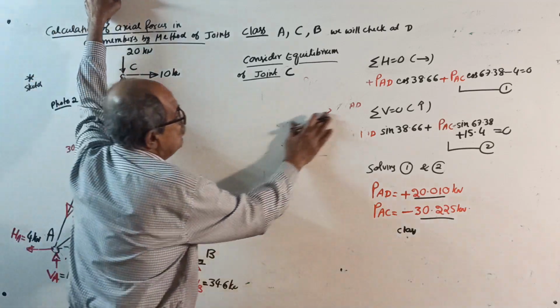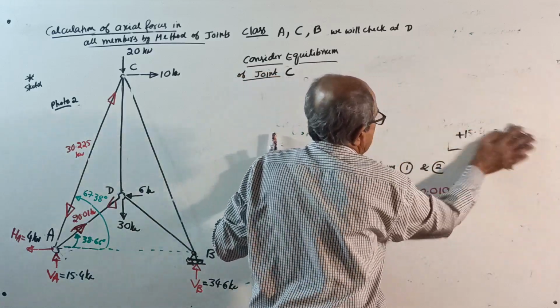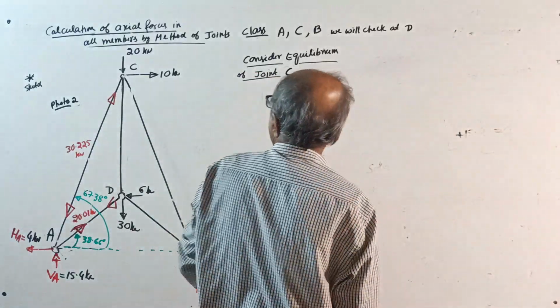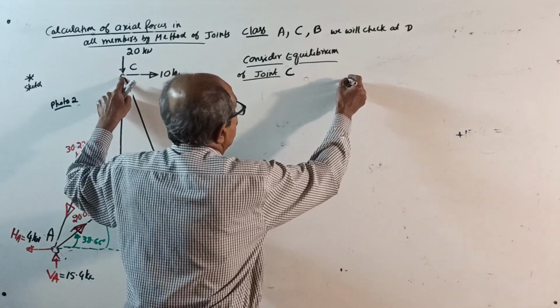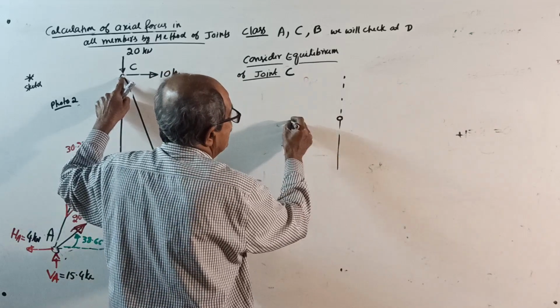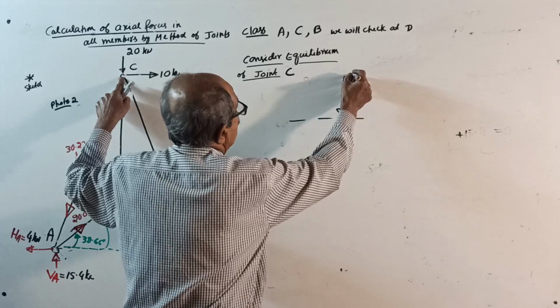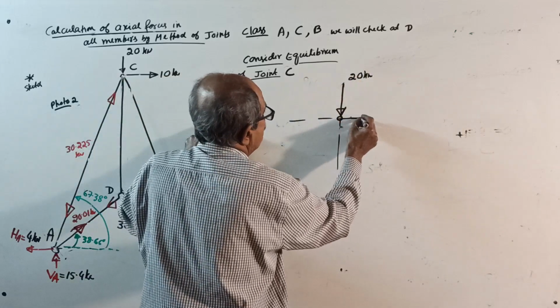Equilibrium of joint C. Joint C is this joint. As usual, a vertically downward force of 20 kilonewton, and a right side force of 10 kilonewton.